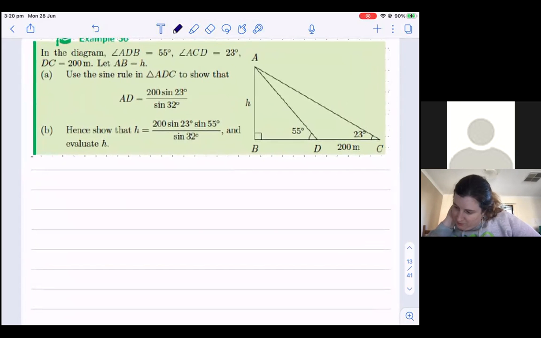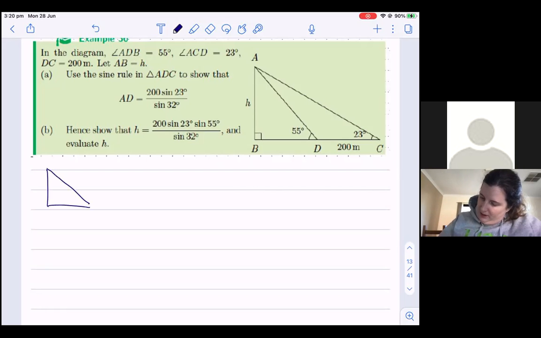We've got a few different diagrams, and what we're essentially going to have to do is split this triangle up into a few different triangles to then find some values. So for example, my first triangle is A, B, D. This is 55, and this is H. The second triangle I have is this non-right angled triangle, D, C, and A. And I know this is 23, and I know this is 200.